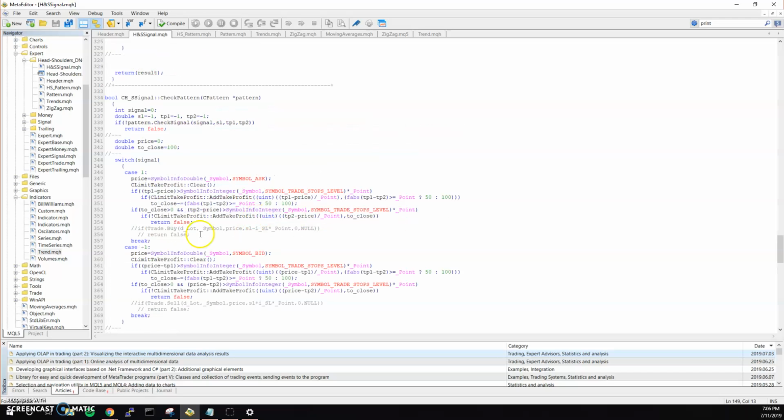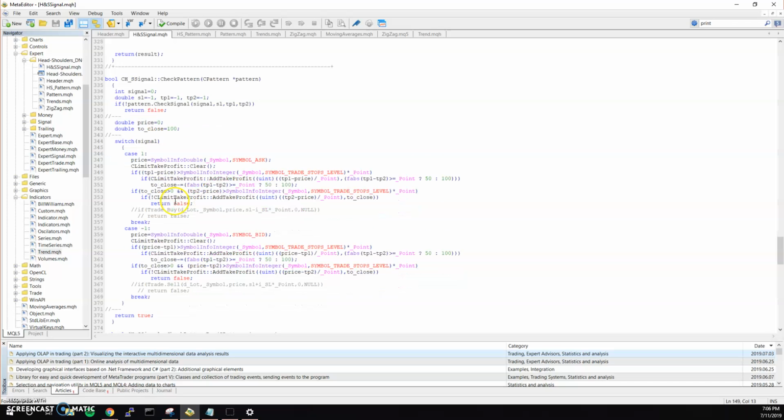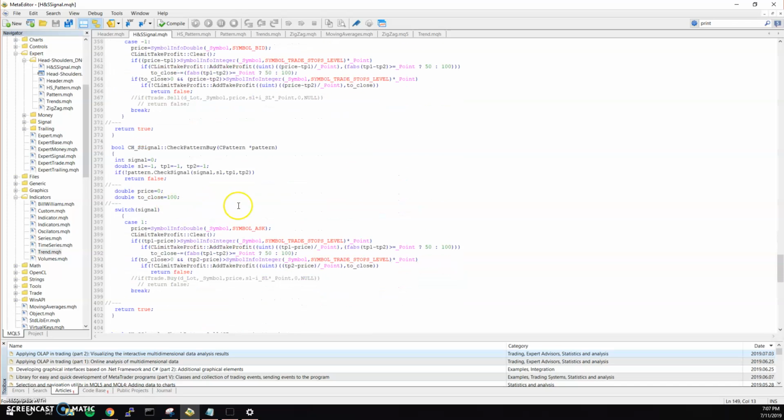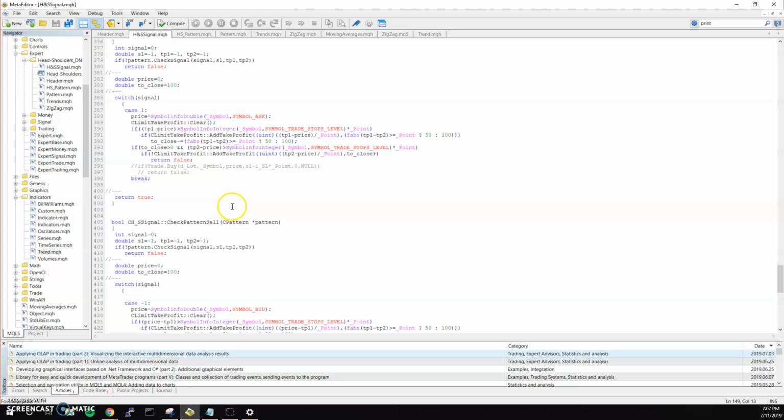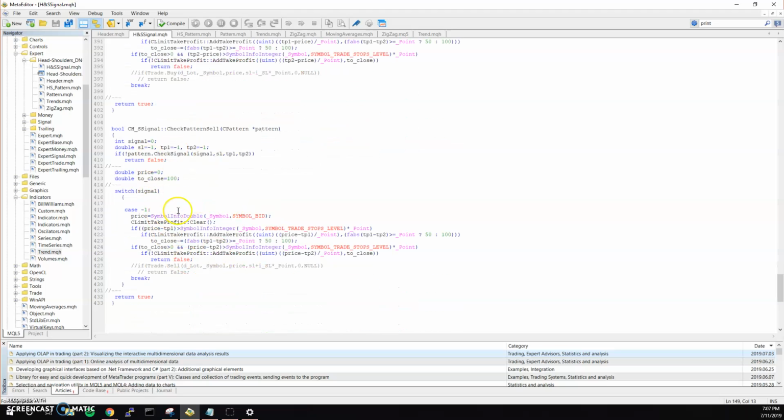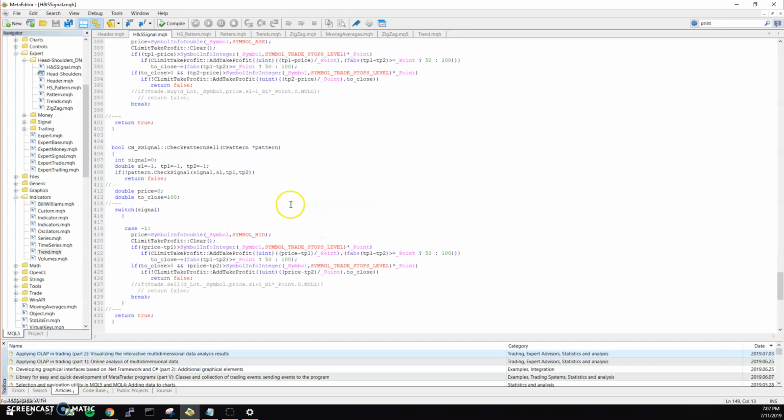What this also does is, if the price hits the take profit level on either side, it'll stop it, so we don't make bad trades. I modified this also. I took it apart so there'd be one for buying and one for selling, because we only check short and long conditions. We don't check both at the same time.